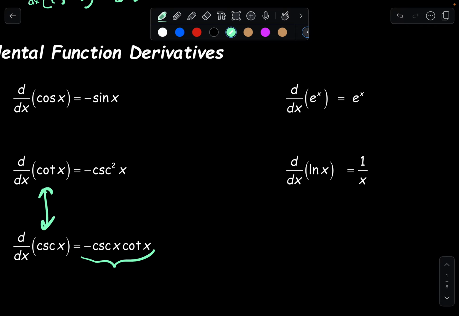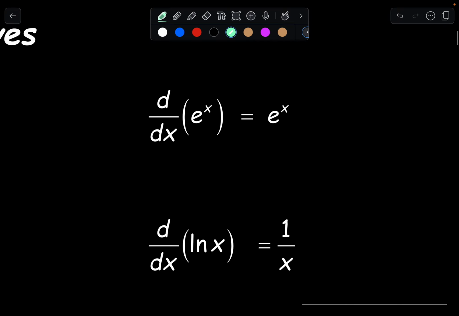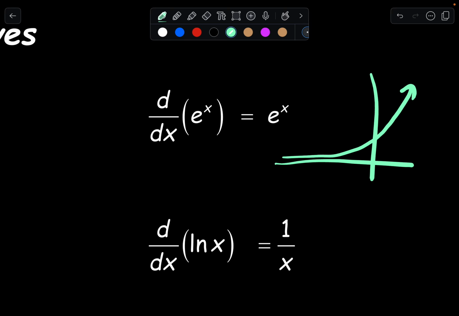The last two are going to be the exponential function and natural log. So the derivative with respect to x for e to the x is e to the x. And we talked about this a little bit in class when you were relating f prime on the chart from the ICA. This is saying that the slope at any point on this exponential function is the same as the output.